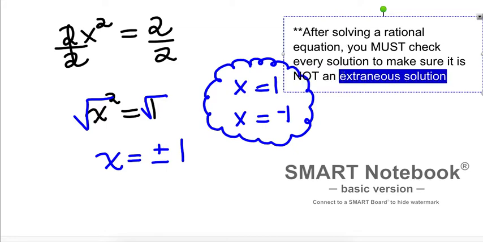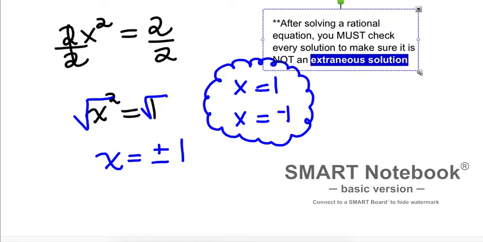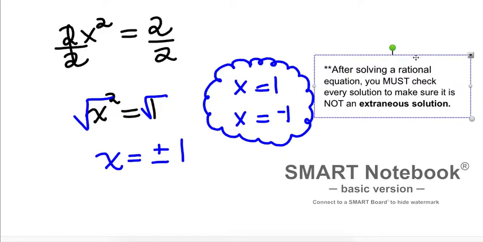Okay, and you might be wondering, what does it mean for something to be an extraneous solution? So if you notice, the word extraneous has the word extra in it. So an extraneous solution is basically an extra solution that you get that might not actually work.